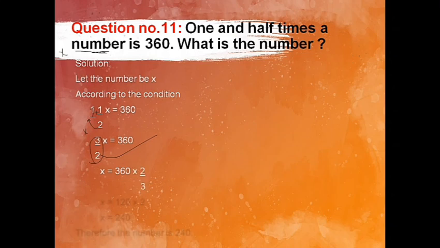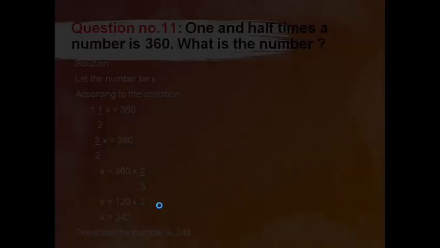Now this 3 can get cancelled with 360, 3 into 120 is 360. So here we will get x equals 120 into 2, and 120 into 2 is equal to 240. So here we got the value of x is 240. Therefore the number is 240.